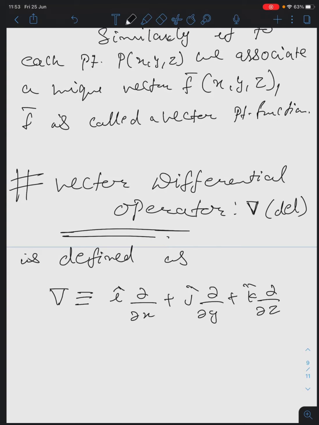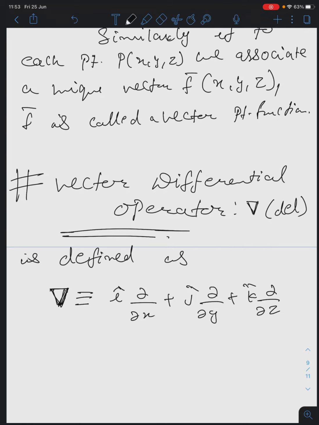Here onwards, you will learn a few new topics, new quantities: the gradient, divergence, and curl. You will find them by applying this operator in a certain way on some function.